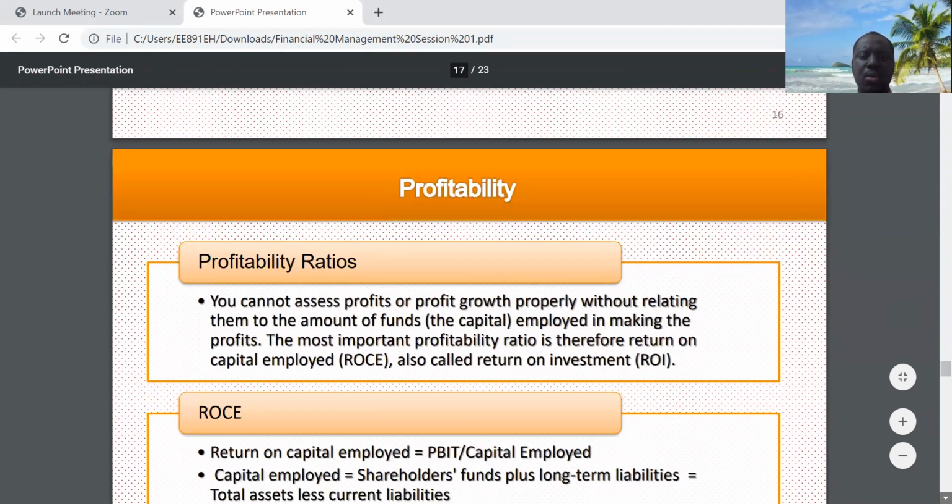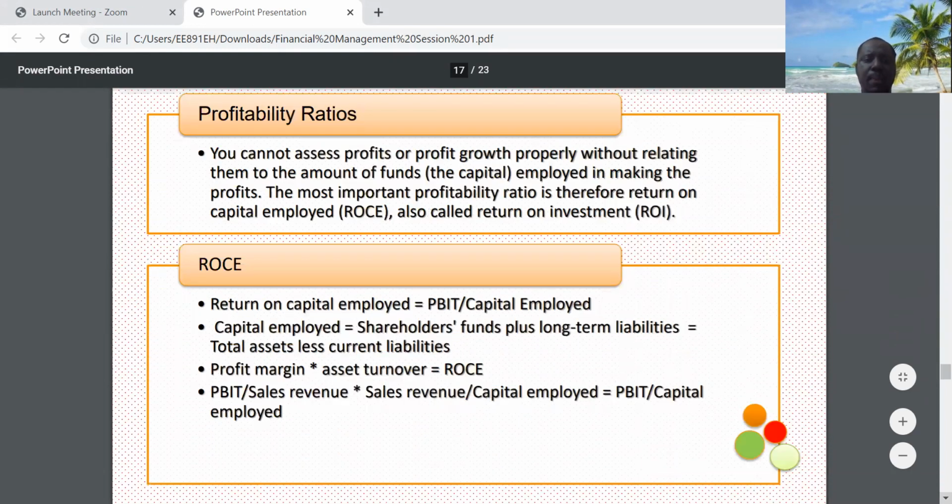On the next slide, we are going to talk about profitability ratios. Under profitability ratios, you cannot assess profit or profit growth without relating them to the capital that you employed, the capital that you put into the business. This is very important when you are doing profitability analysis, because you need to know how much you put in so that it becomes easier to know how much you got out of what you put in.